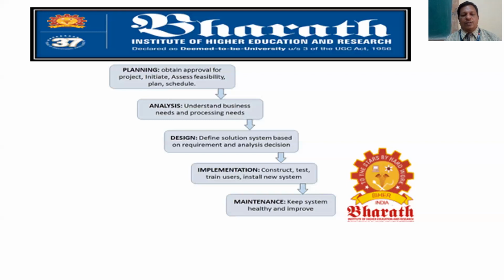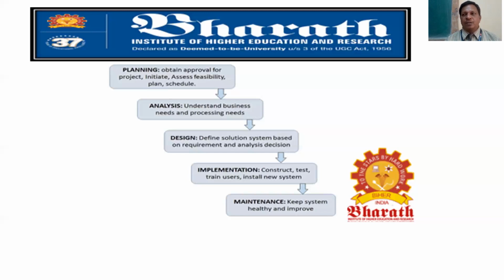The planning phase is to gather the basic information, whether the particular problem can be developed, whether all the resources are available, when we can start the project, when it has to end, what is the cost factor, and what time limit is given. Everything is planned in the planning phase.